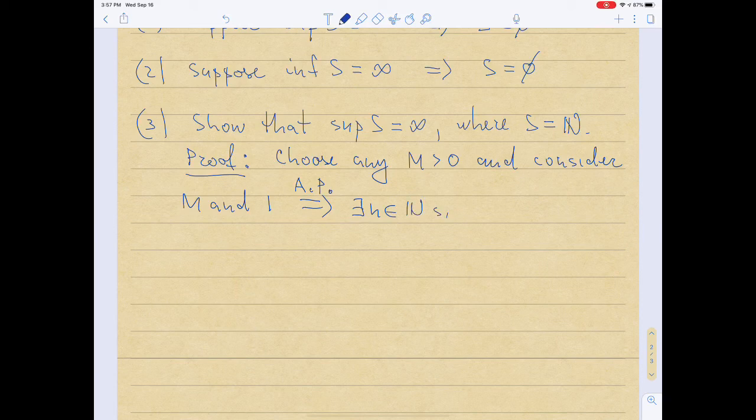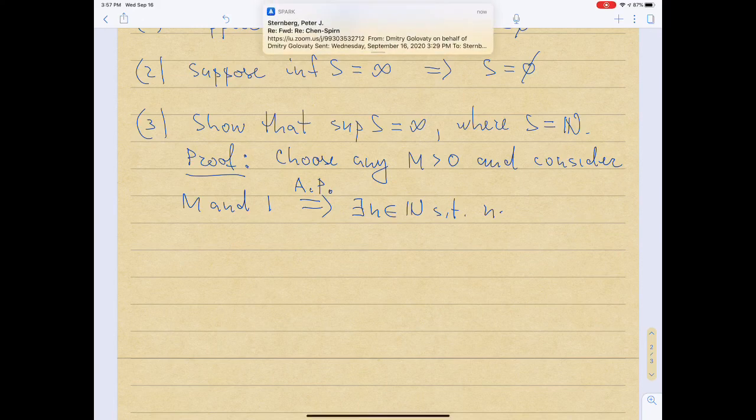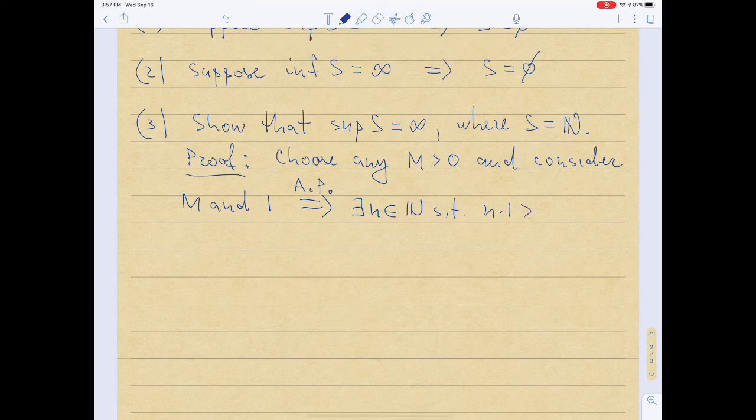in N such that n times 1 is bigger than m, which is the same thing as saying that n is greater than m. So what have I found?